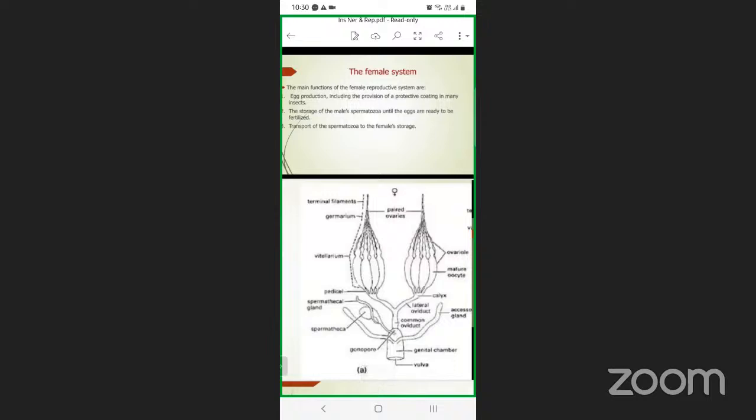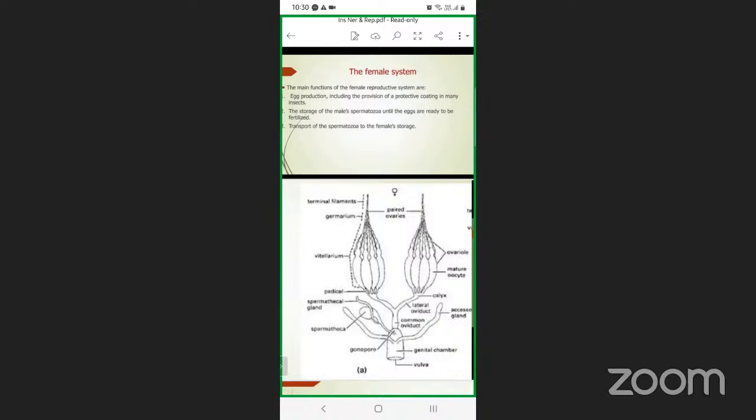So when we see the diagram, we say that there are two ducts formed with the ovarioles. We see the ovariole forming a germarium and the terminal filaments, and these paired ovaries will join and form lateral oviducts, and these lateral oviducts commonly join the common oviduct.